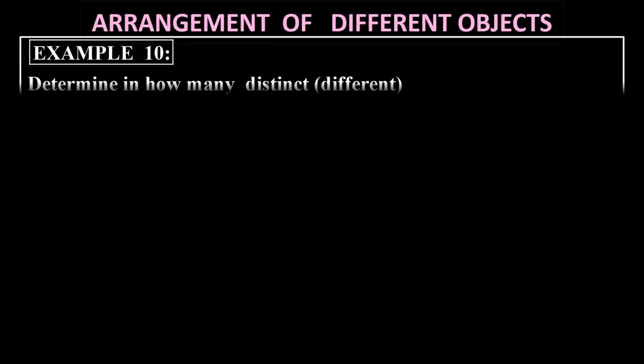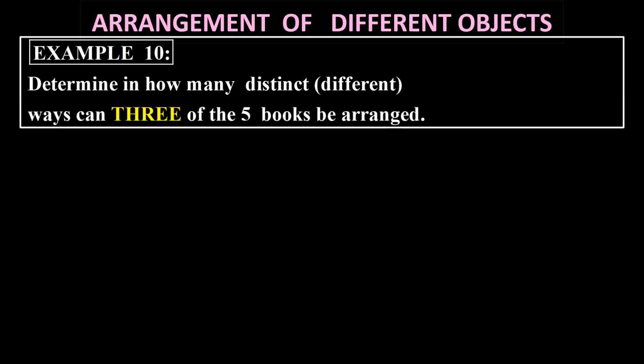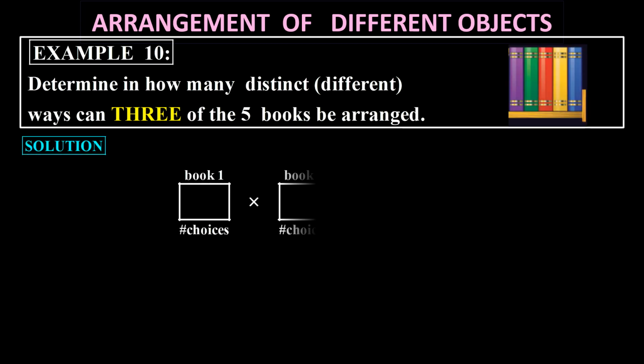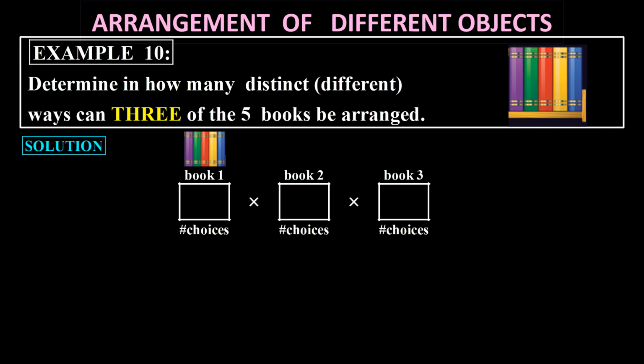Now let's look at the second example. We're going to use those same books again, but here we don't want to arrange all the books. We want to arrange only 3 of the 5 books. So let's see how we can do that. We just create our spaces. For the first book, we can put any of the 5 books in there.